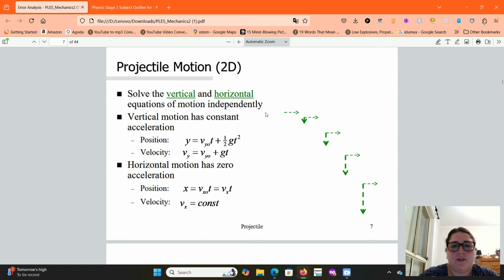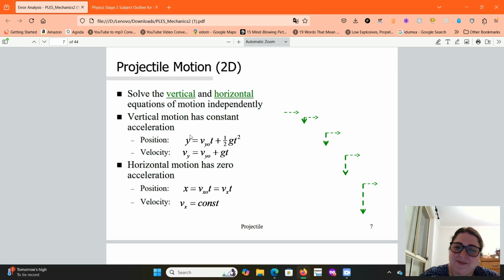Right. So solve the vertical and horizontal equations of motion independently. Vertical motion has a constant acceleration. The position is given as this. We are using y here because we're going along the y-axis.